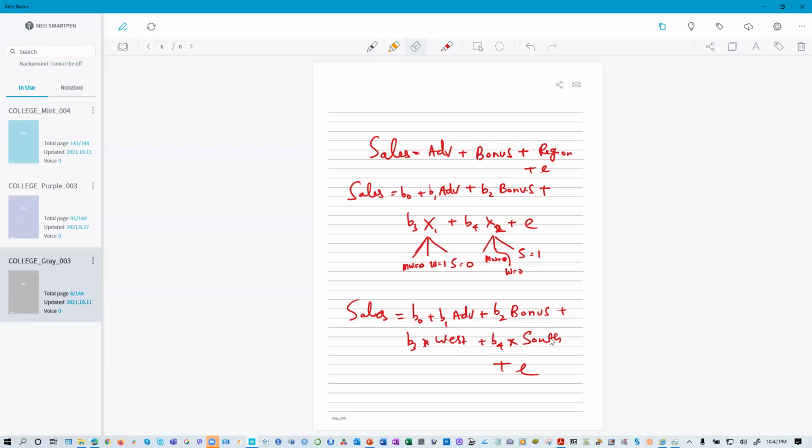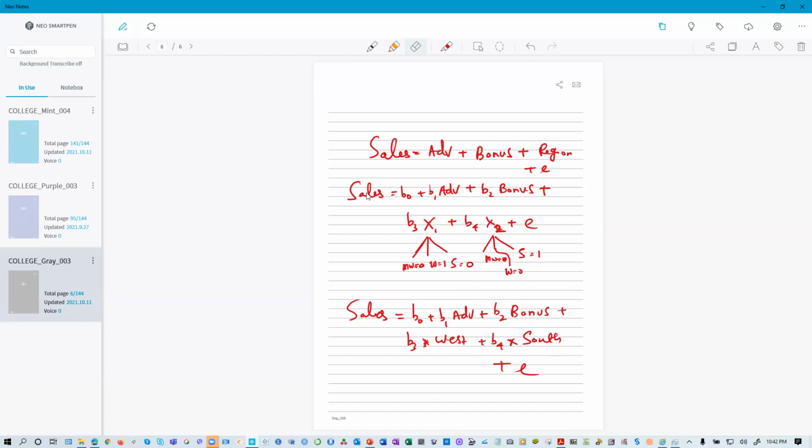If you want the sales in South, put 1 here, 0 here, and you get the equation to predict sales in that particular region. If you want to find the sales in Midwest, put 0 and 0 for both of them.